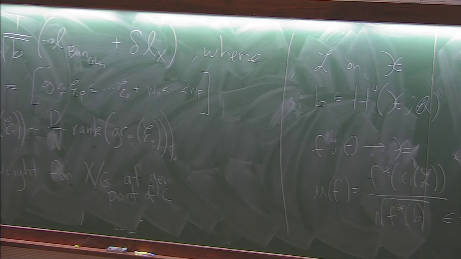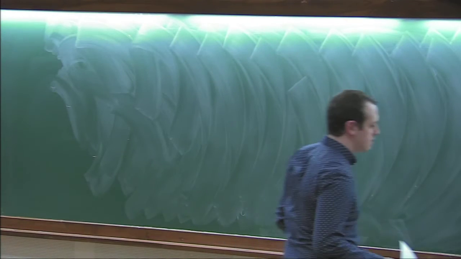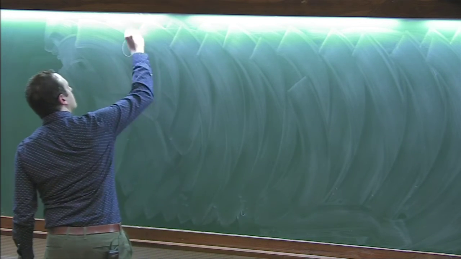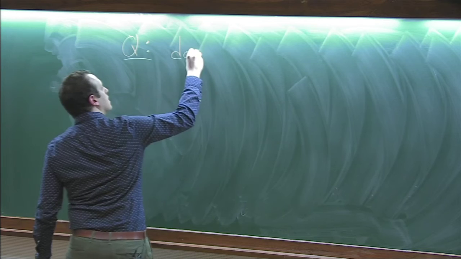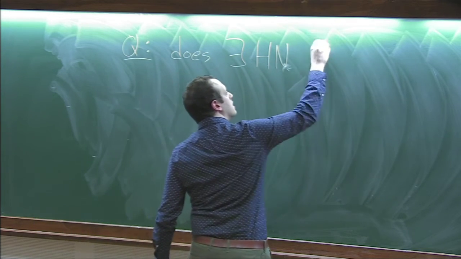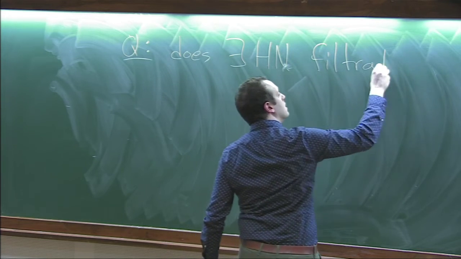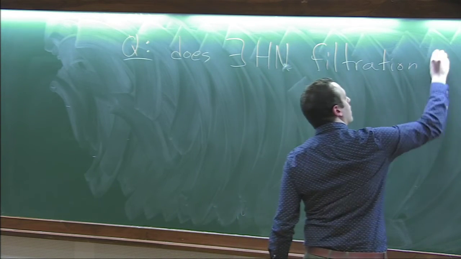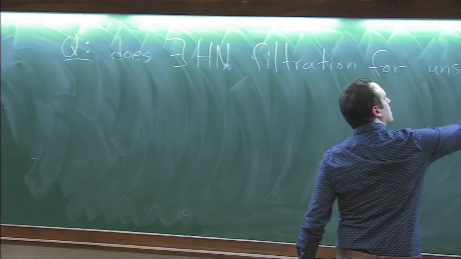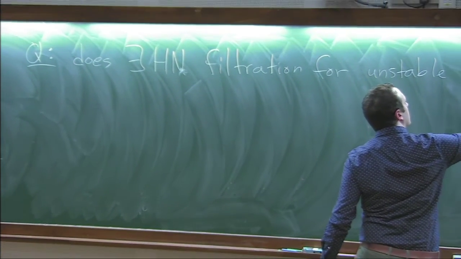Okay, so the question that I've been dancing around is: does there exist a maximizer? Does there exist a Harder-Narasimhan filtration for an unstable point P in X?